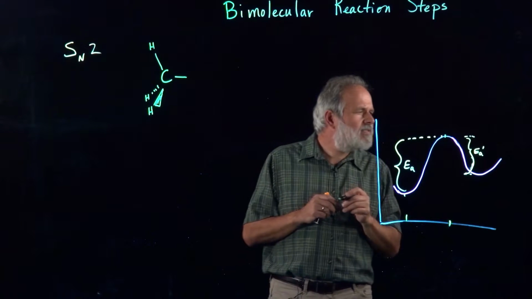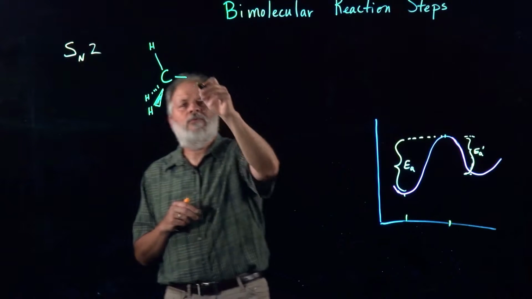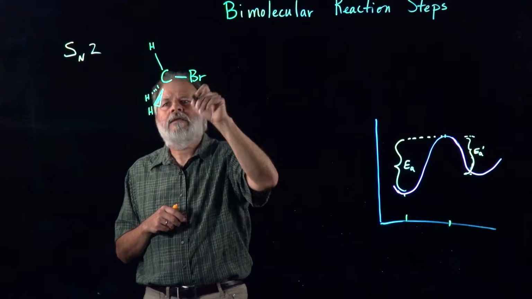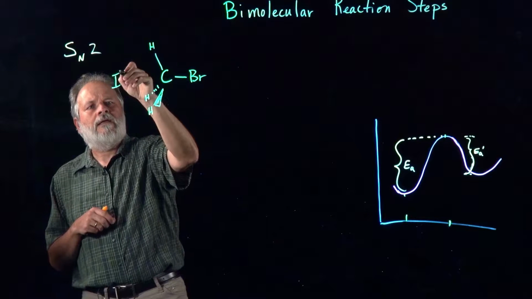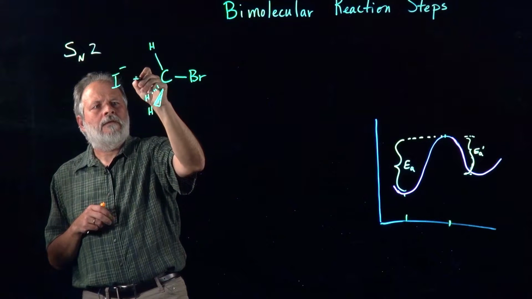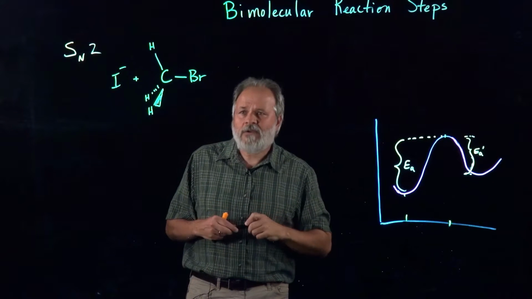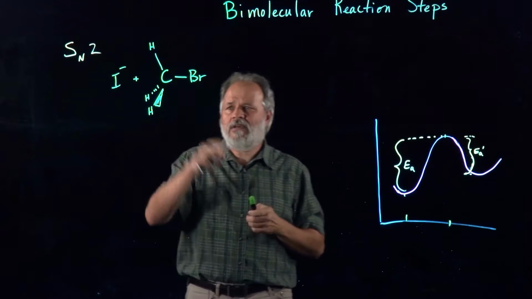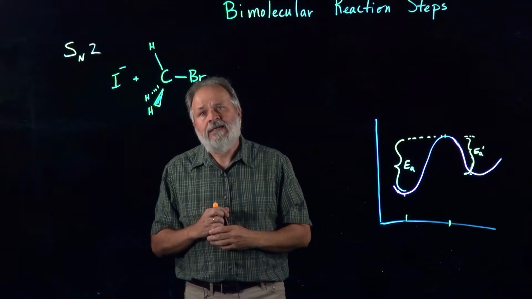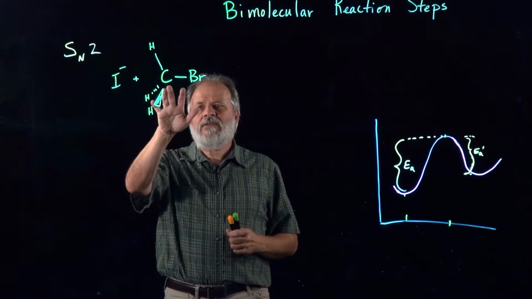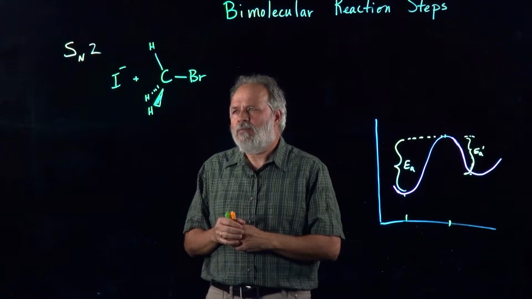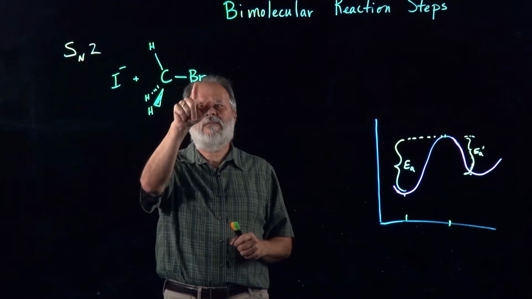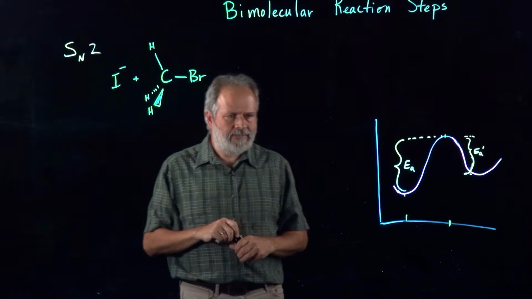All right, so let's see what we're going to have as the reactant. It's going to be bromine. All right, so what's going to happen is that we have this bromomethane here. It's a tetrahedral sp3 hybridized carbon. We're going to replace the bromine with an iodine.